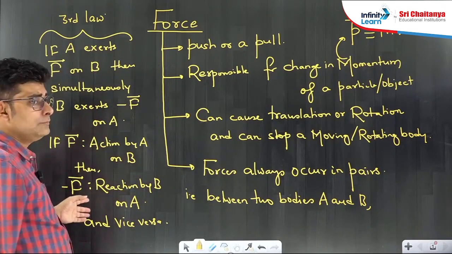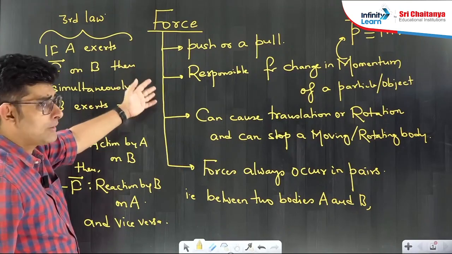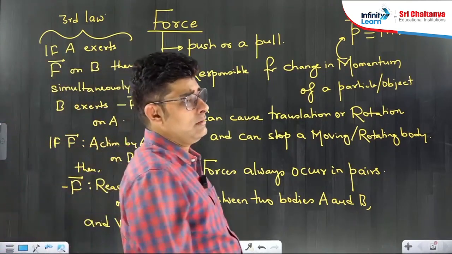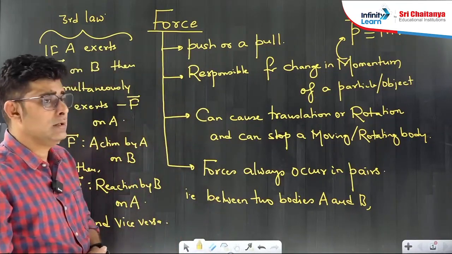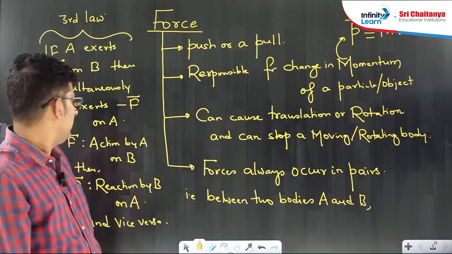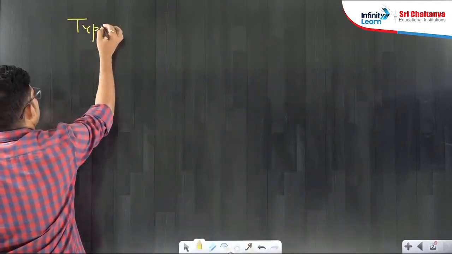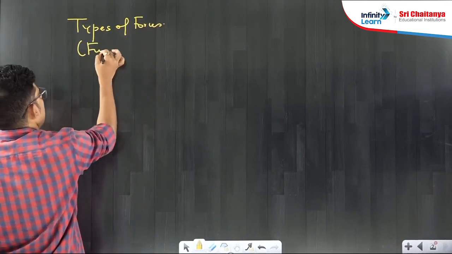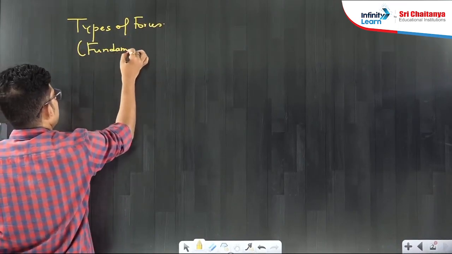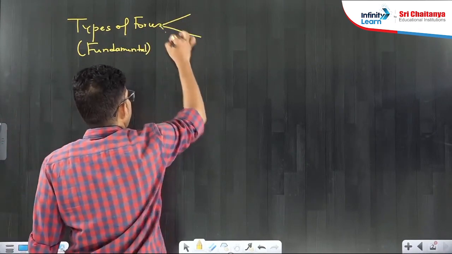Okay. So now talking about forces again. Fundamental forces in nature are of four types. When we talk about the push or pull type of force, the fundamental forces in nature, we have four types.